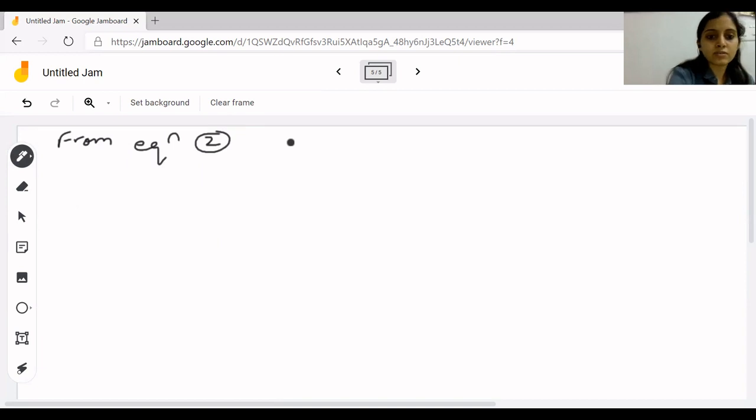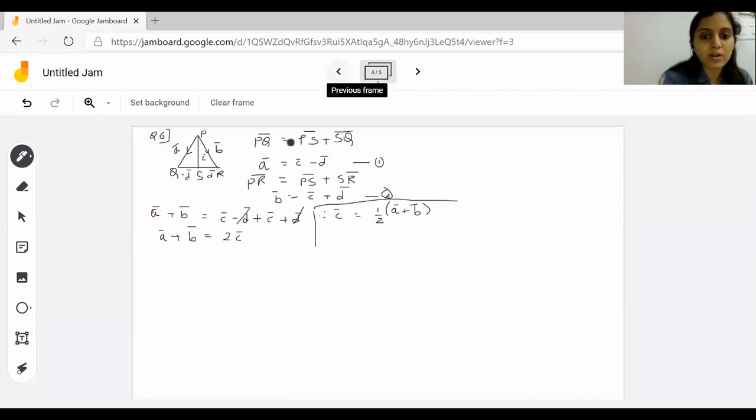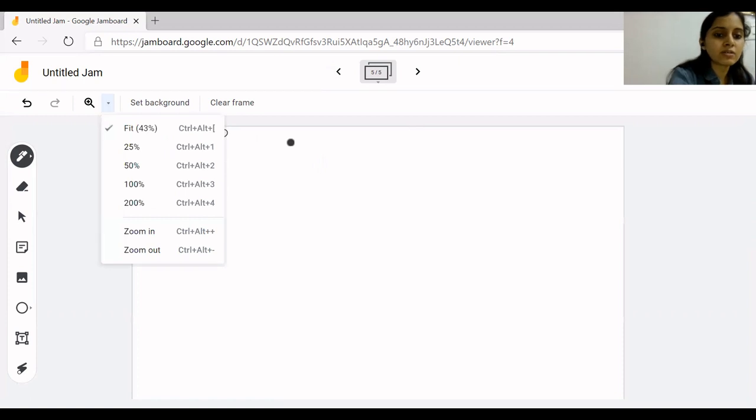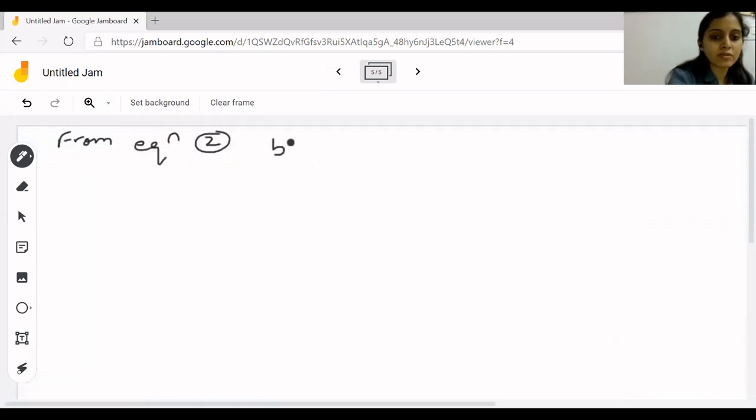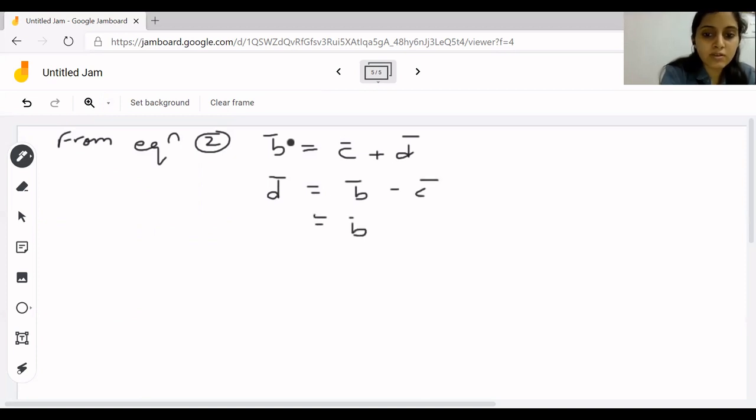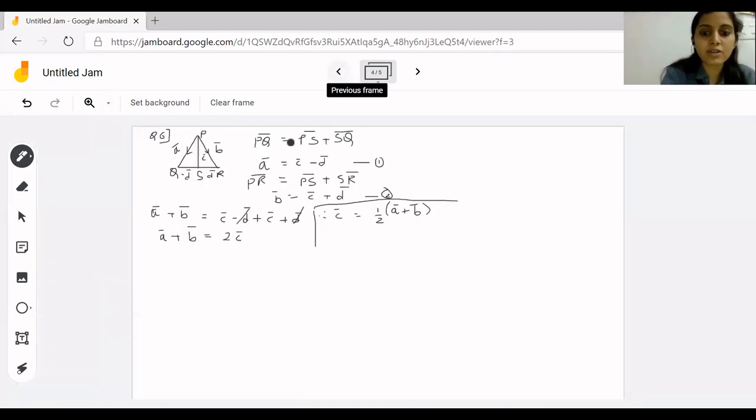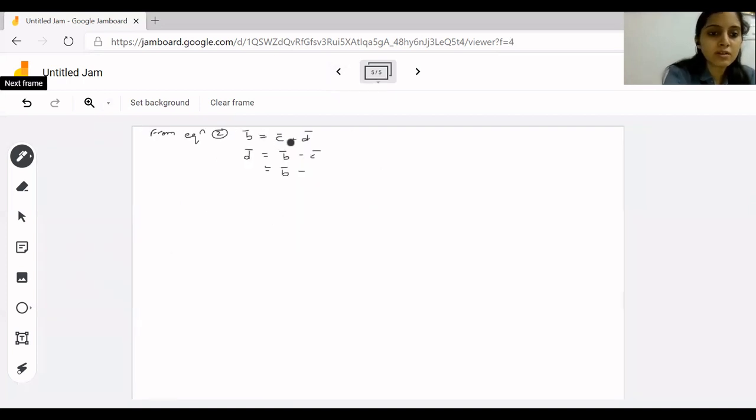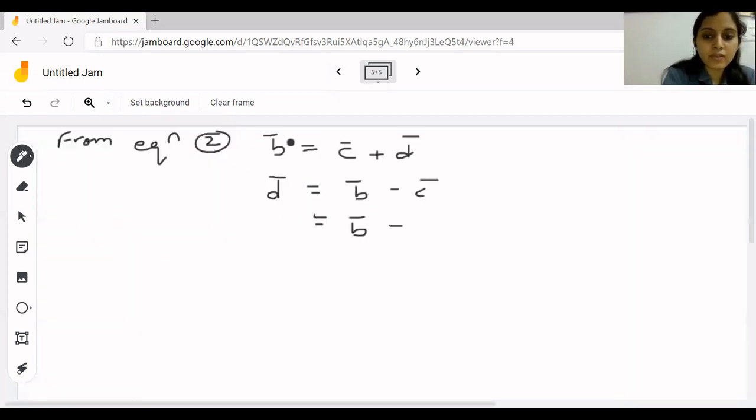From equation 2, we have B bar equal to C bar plus D bar. So we are going to substitute D bar as B bar minus C bar, which is B bar minus, now what is the value of C bar that we have got? Half A bar plus B bar, so half A bar plus half B bar.